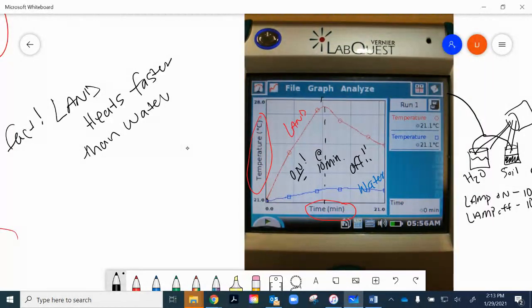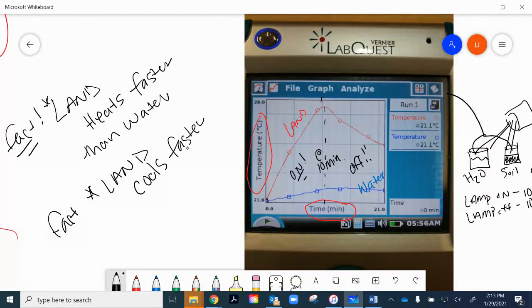That's a fact right here. Land heats faster than water. And another fact that we learned is that land cools faster than water.